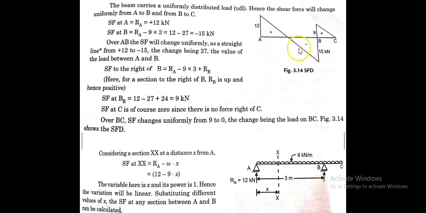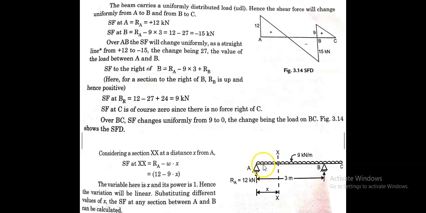Then from A to B, it is uniformly varying: it is 12 upward, whereas the downward forces are uniformly distributed, and the distance between A and B is 3 meter.